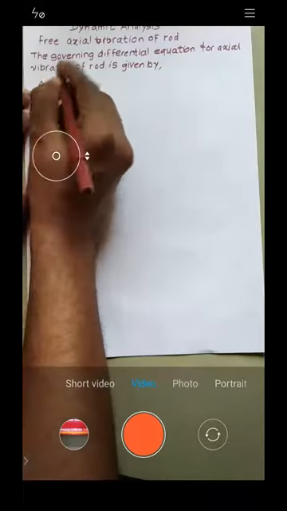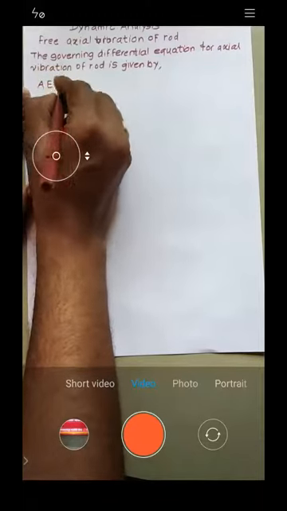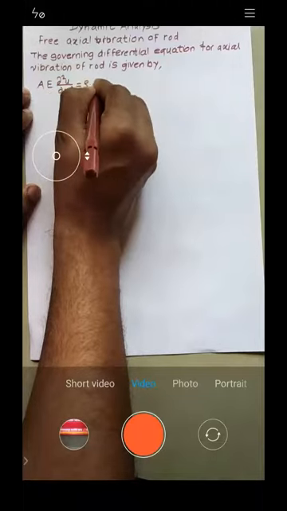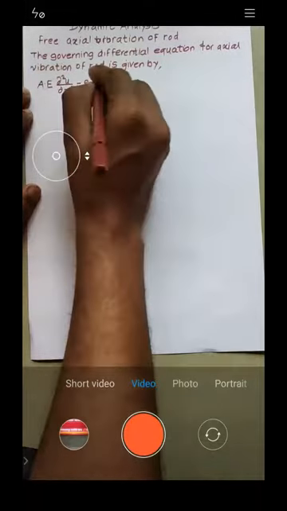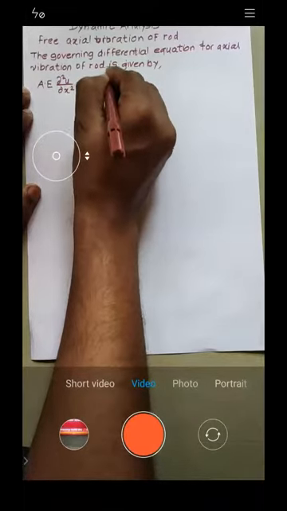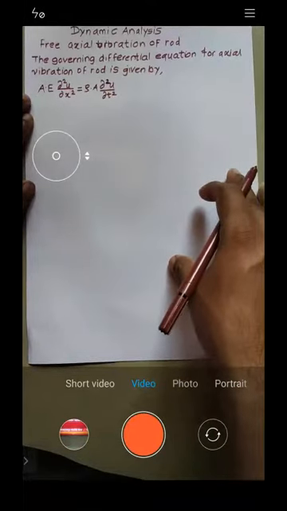It is given by A into E into dou square U by dou x square is equal to rho into A into dou square U by dou t square. This is the governing differential equation for the axial vibration of the rod.